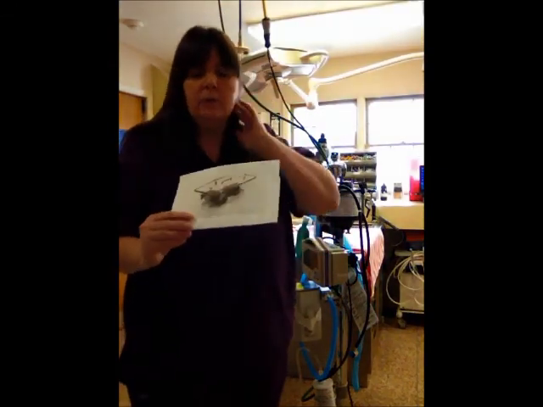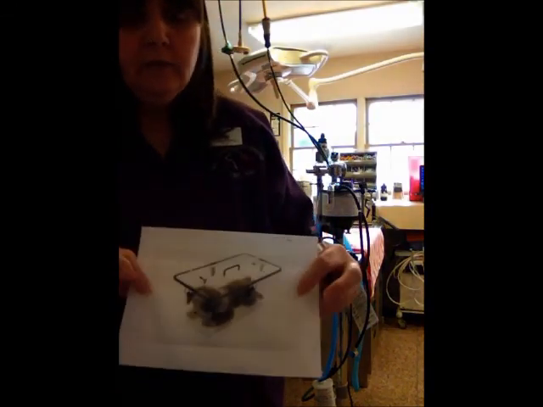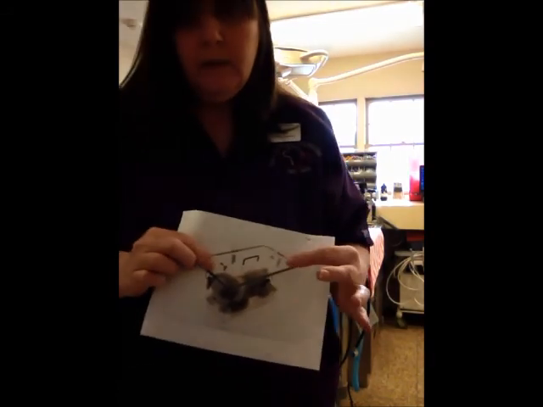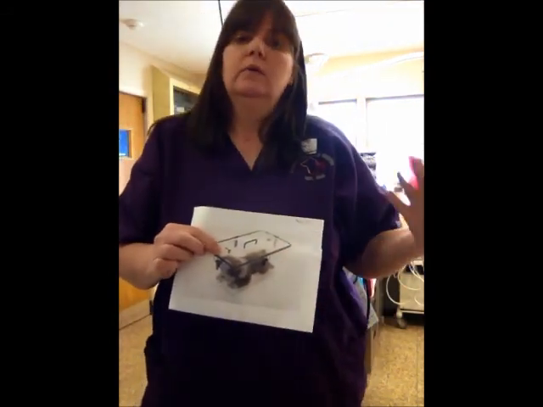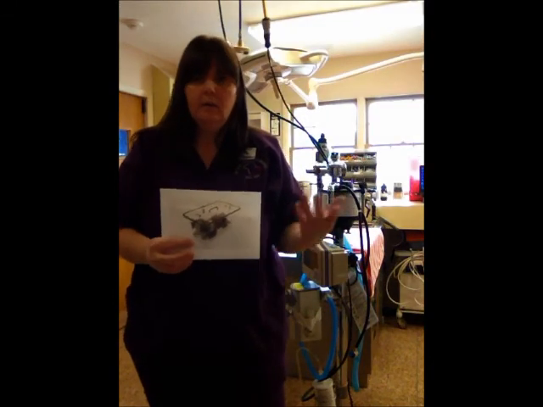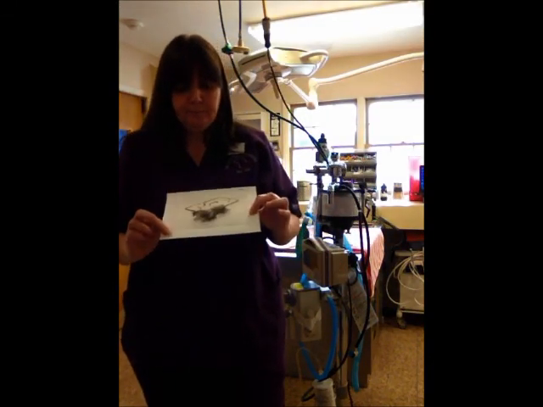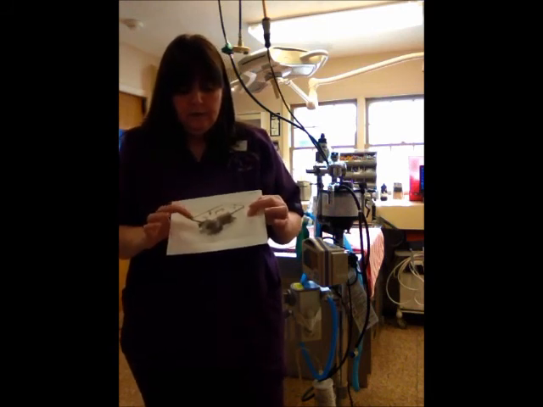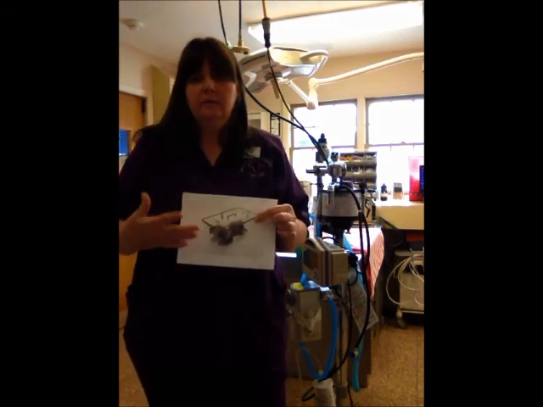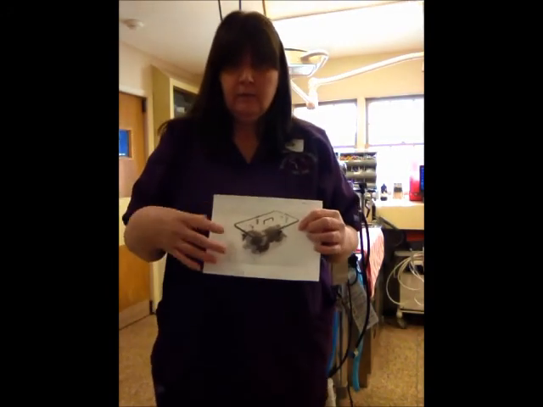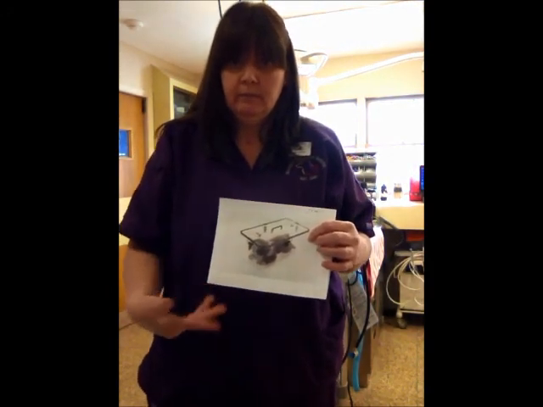Okay, for the induction chamber, it'll be a small box. It'll have a spot for inhalational tubing and exhalational tubing so that you can provide anesthetic gas to either a cat or any small animal, rabbit, rat, mouse. The chamber itself fills with anesthetic gas, inducing your patient with anesthesia, and then you can take them out and intubate them.